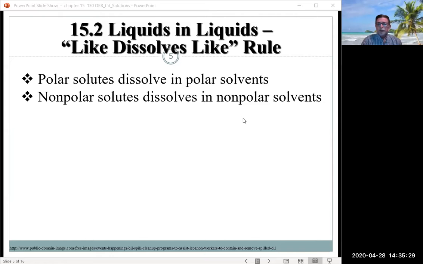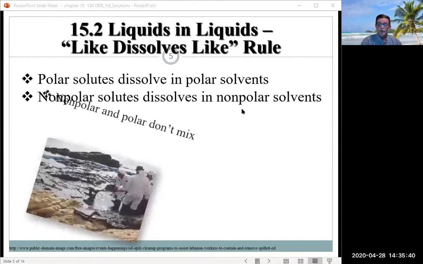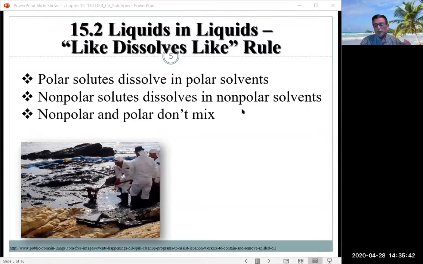For example, try to mix table salt and oil. It's not going to happen, because table salt is very polar, oil is very nonpolar, and we know that nonpolar and polar do not mix at all.